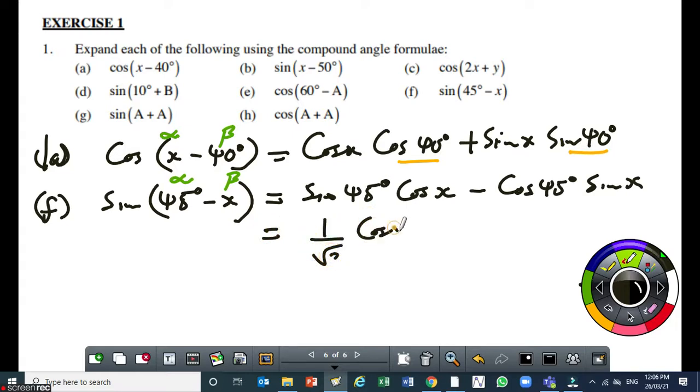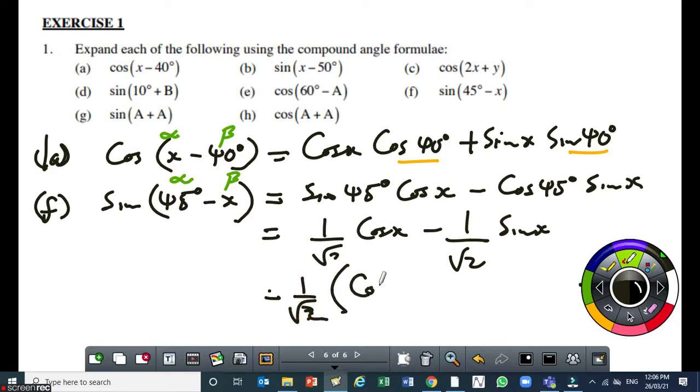That will be 1 over square root of 2 cos x minus 1 over square root of 2 sine x, which I can simplify and factorize the 1 over square root of 2 and write as 1 over square root of 2 times cos x minus sine x. And then I'm done. So that's equivalent to sine 45 degrees minus x.